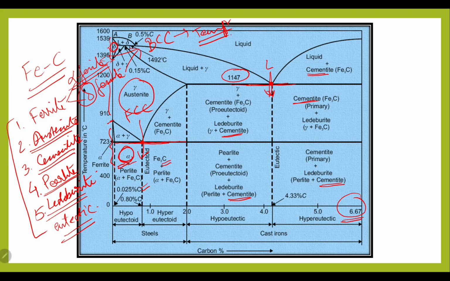So upon cooling at 1147 degrees centigrade, liquid changes to gamma plus Fe3C, where 100% ledeburite formation is this. And on the eutectoid reaction, when gamma transforms to alpha plus Fe3C, 100% pearlite forms. So this is the pearlite reaction. This is the eutectoid reaction which forms the pearlite, and this is the eutectic reaction which forms the ledeburite.